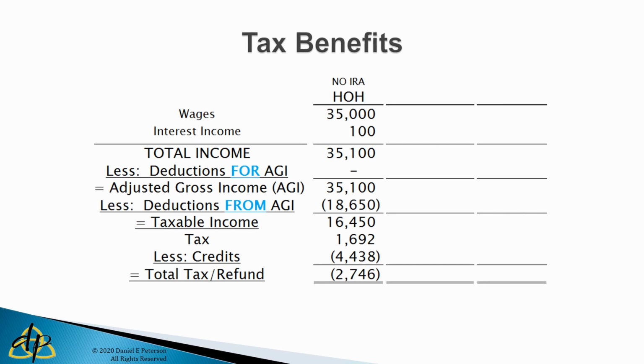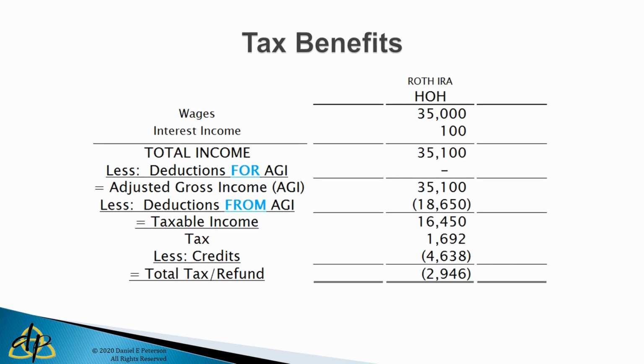So their taxable income's $16,450, and their tax then is $1,692. Because of the child tax credit and the earned income credit, their total credits total $4,438, reducing their total tax and resulting in a refund owed to the taxpayer of $2,746.